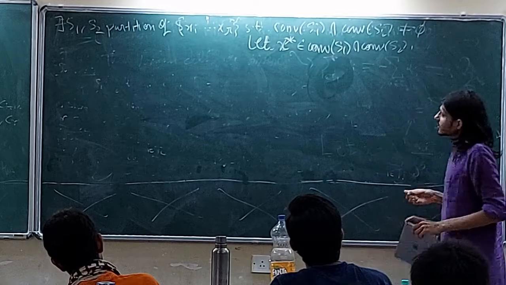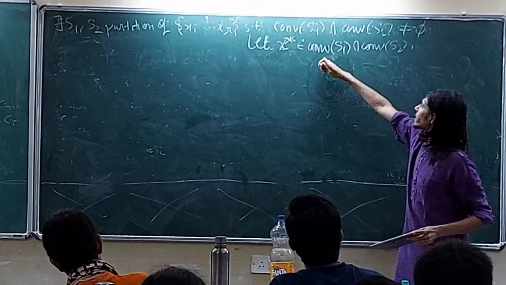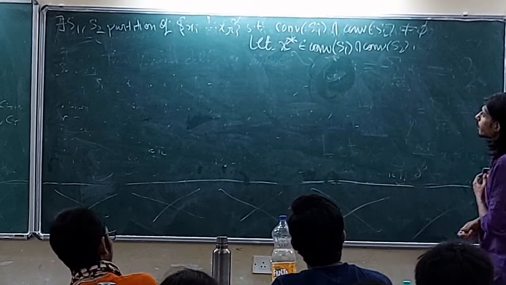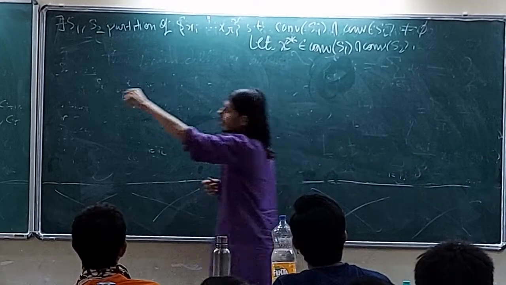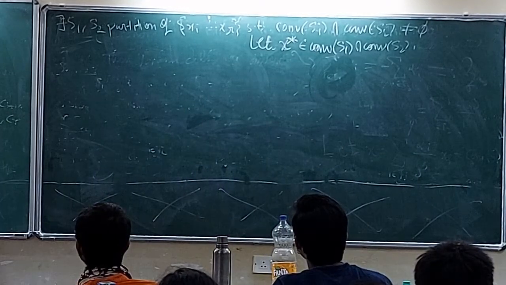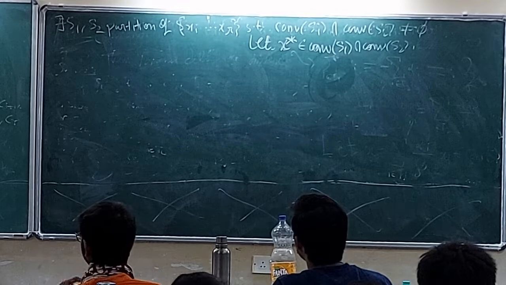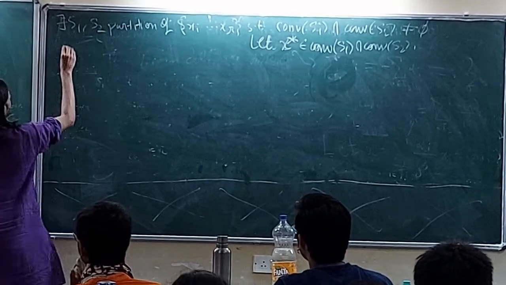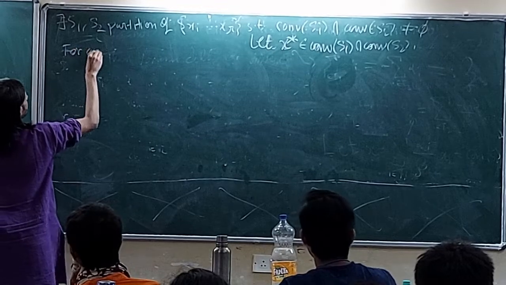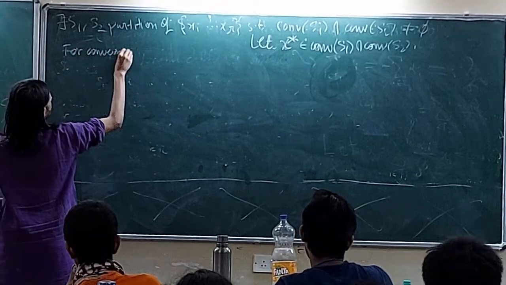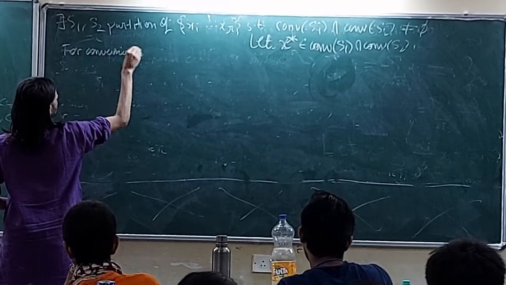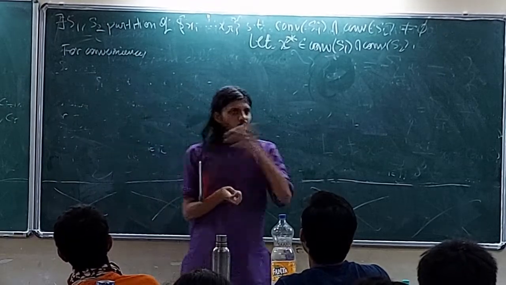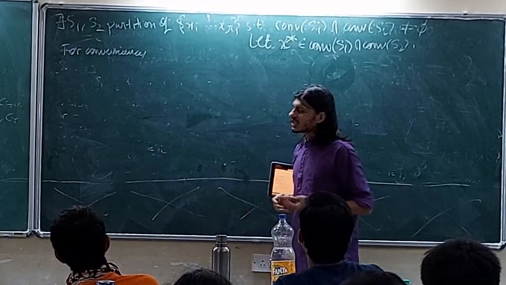Now what happens when something is in the intersection of conv of S1 and conv of S2? We are going to show that x star actually ends up belonging to each of these sets. And let me quickly explain to you why. For convenience, I could do some kind of notational jugglery, but I want to avoid that.